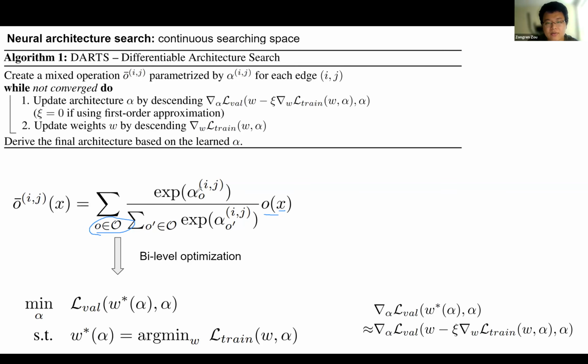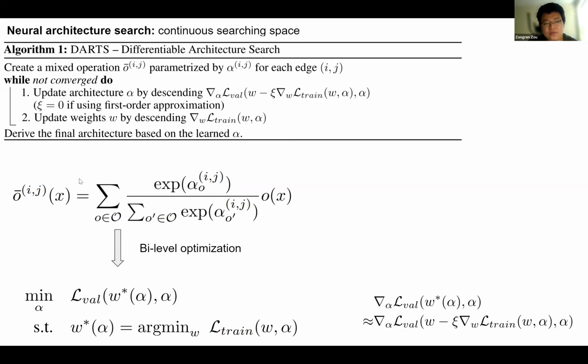And this alpha represents the architecture. So you see that it's relaxed using alpha, a continuous variable, and a softmax is applied such that the coefficients of the operations are normalized.